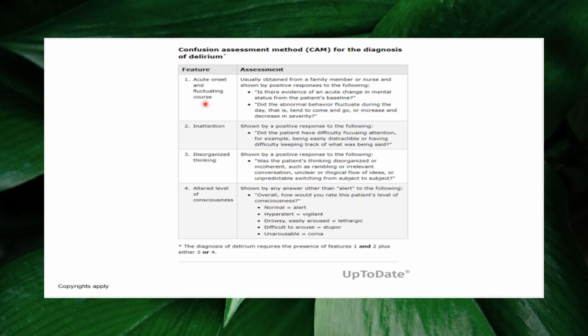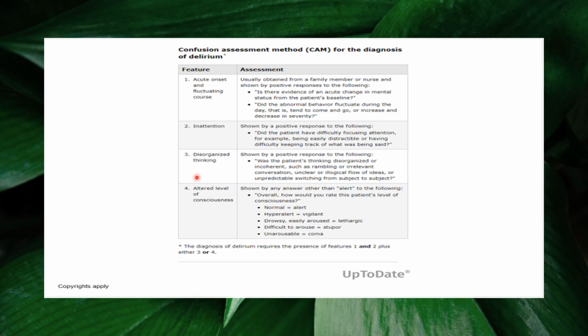It means whether it comes and goes or decreases and increases. The second important parameter is the presence of inattention. Inattention is assessed by observing whether the patient is easily distractible or having difficulty in keeping track of what was being said. These two parameters are essential for the diagnosis.